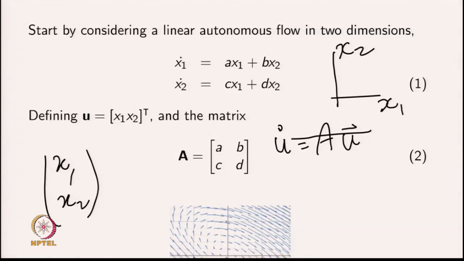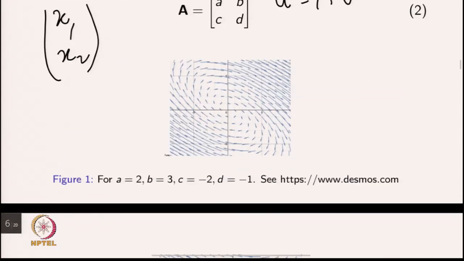All right. Now, depending on the values of a, b, c and d, the right hand side of this equation gives us a vector field, and that can also be sketched like we saw in the one dimensional case. So, here is an example for a equals 2, b equals 3, c equals -2 and d equals -1.